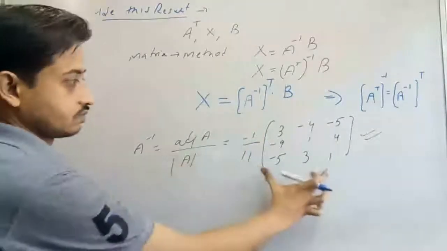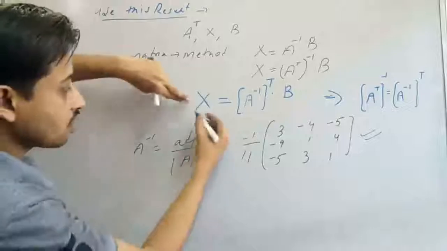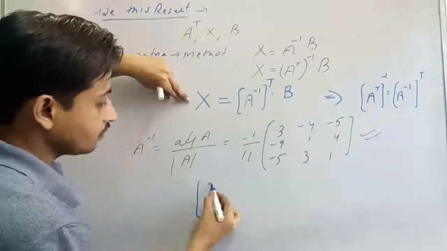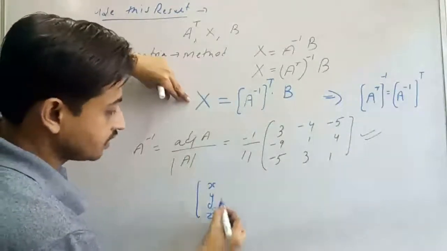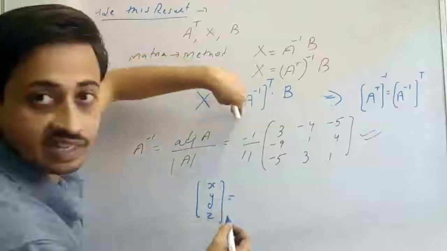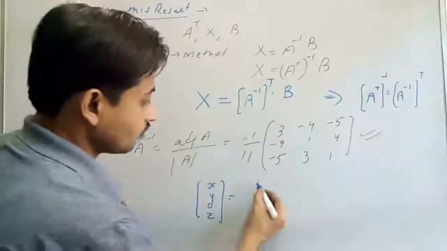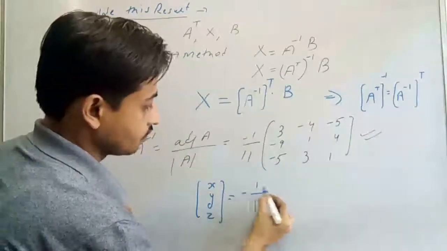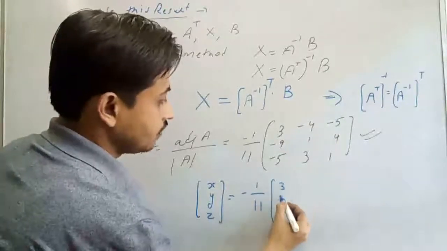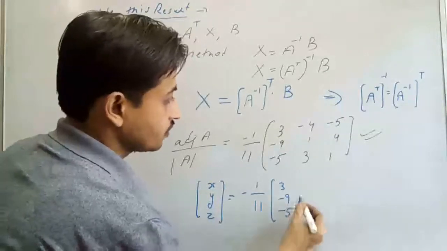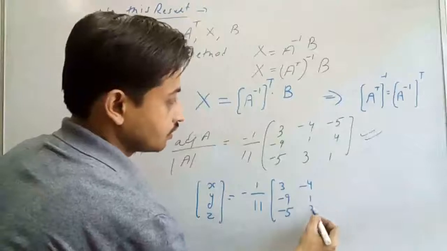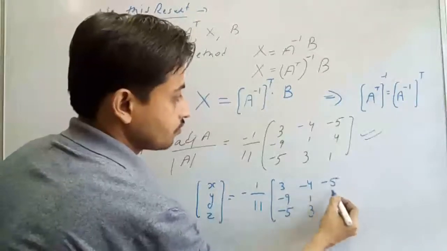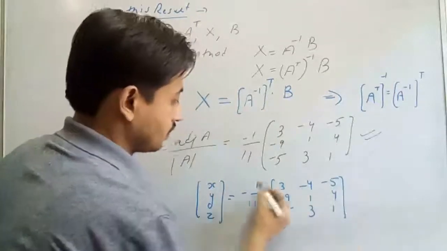X is our variable X, Y, Z. And A inverse is this: 1 by 11 negative, 3, -9, -5; -4, 1, 3; -5, 4, 1.